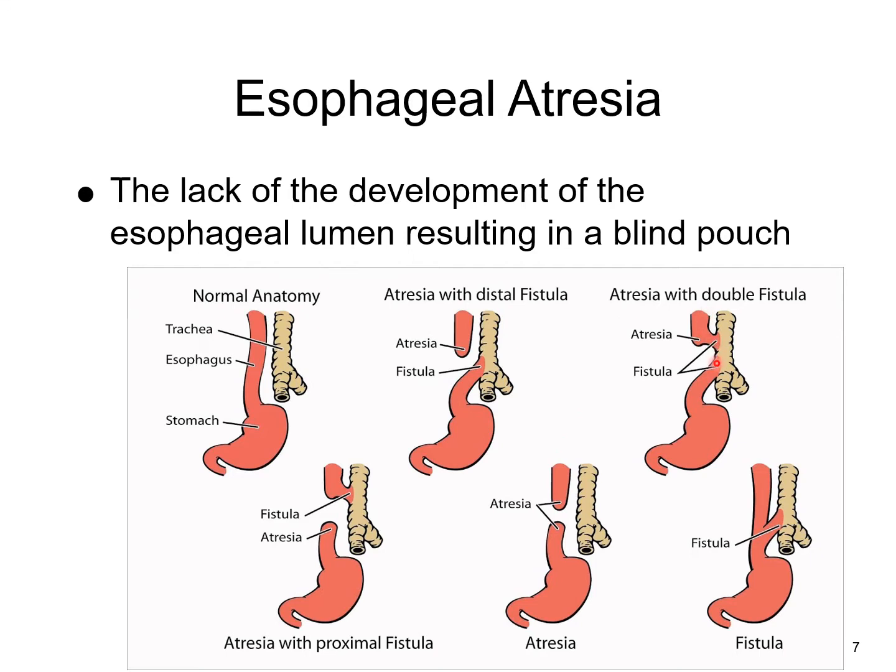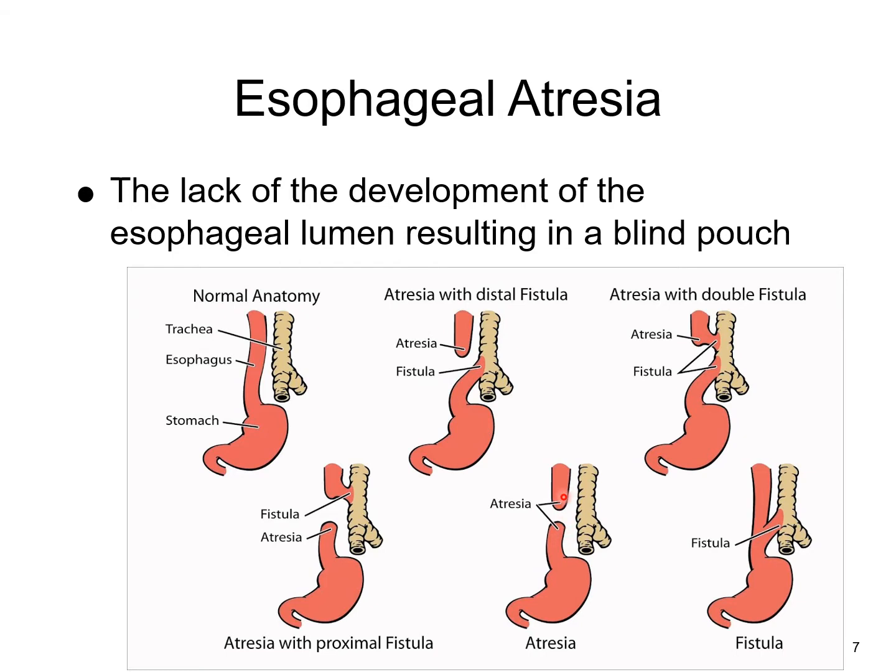This example is where you have the upper esophagus communicating with the trachea, as well as the lower esophagus communicating with the trachea. There is no blunt end, so this does not have any type of atresia because it is communicating into the trachea itself. Here we see a situation where we have an esophagus that has a fistula connection to the trachea, and then we have the lower esophagus with a blunt end.